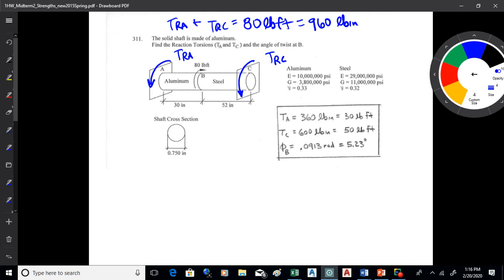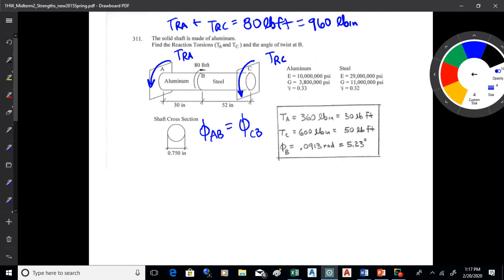Now that's the statics part. That isn't enough to solve it though, because you have one equation and two unknowns. So the other thing you look at to solve it is the angle. The angle from A to B is equal to the angle from C to B. They're both the same angle, the angle at B. You can calculate them from both directions.